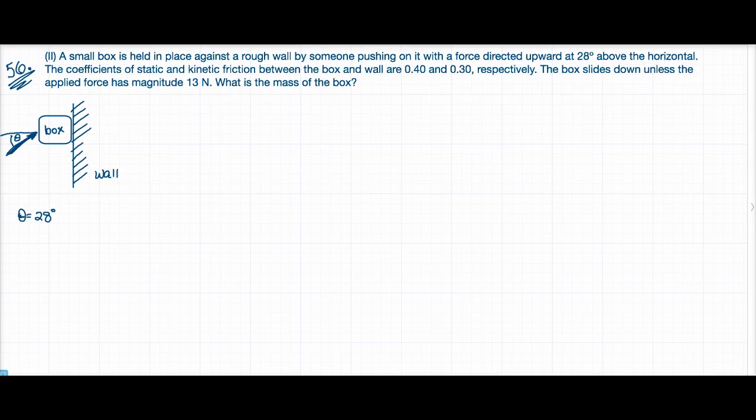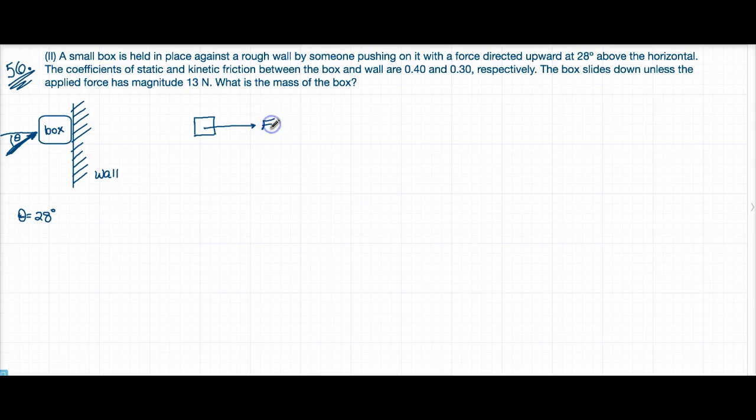So I've made a sketch of it right here. We can see that the applied force is going up and to the right, and that angle theta is 28 degrees. If I were to draw a free body diagram of the forces acting on the box, there's going to be a force going up and to the right. I'm actually going to ignore what I just drew, because I want to represent those forces as components.